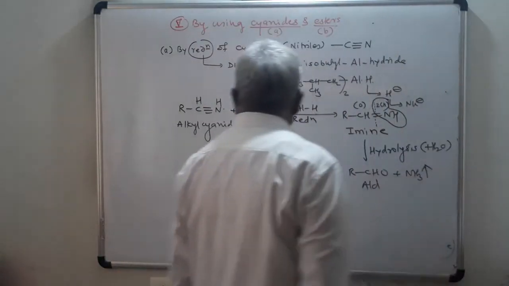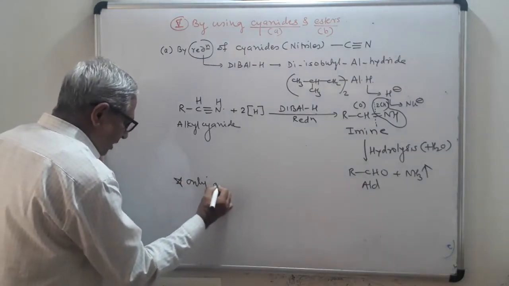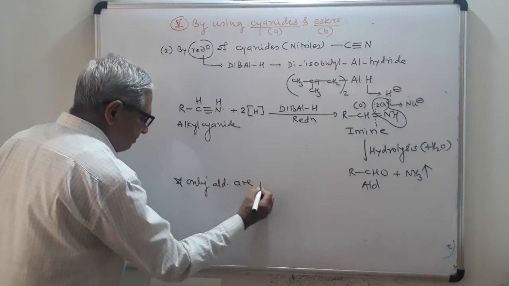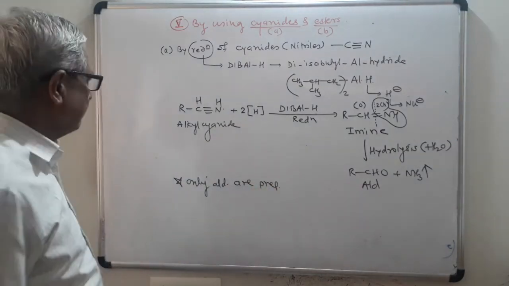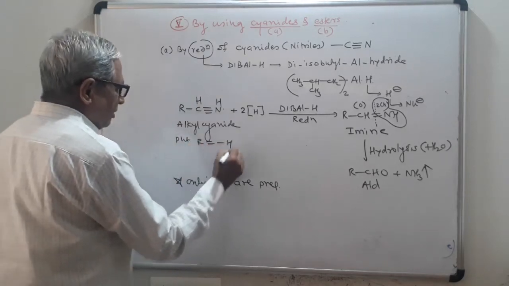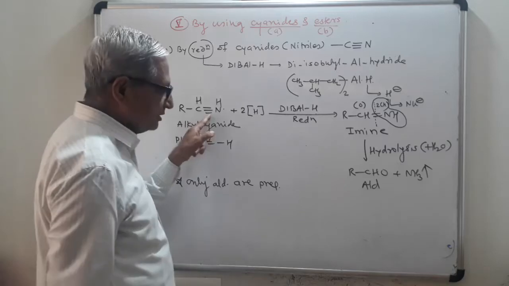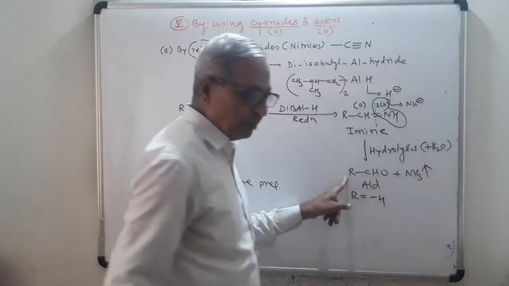So we can predict here that by this method only aldehydes are prepared and not ketones. Now put R equal to H. You will get hydrogen cyanide, and you will get formaldehyde.